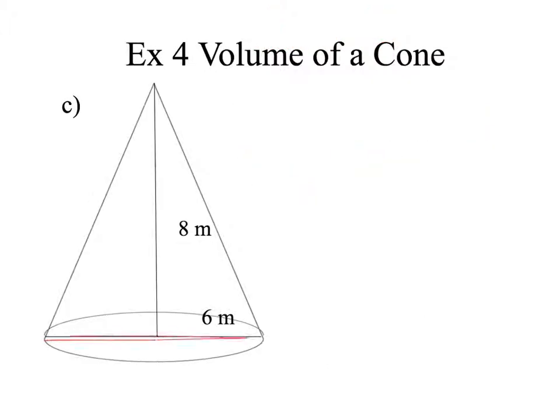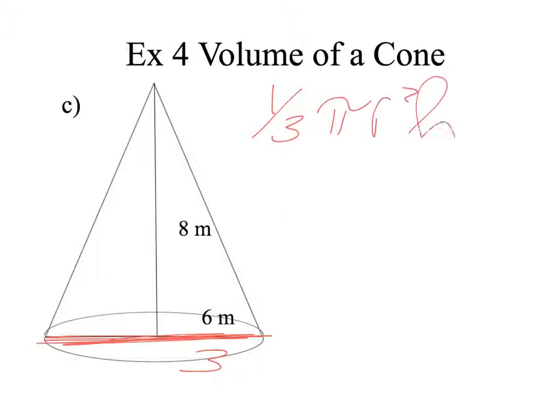Notice here you're being given the whole diameter, so half the diameter is going to be 3. So 1/3 pi r squared h. 1/3 pi times my radius, which is going to be half of that.